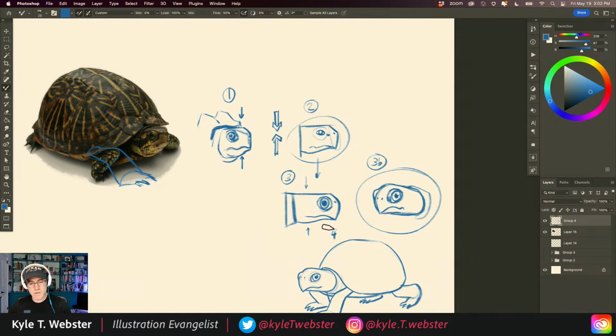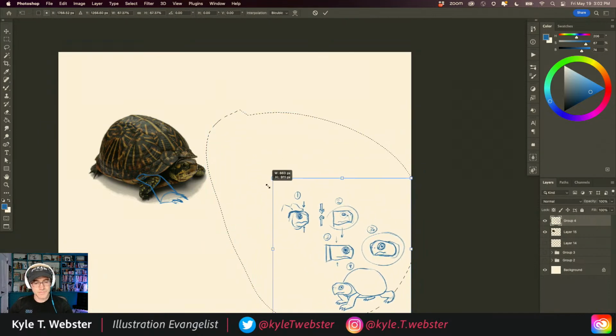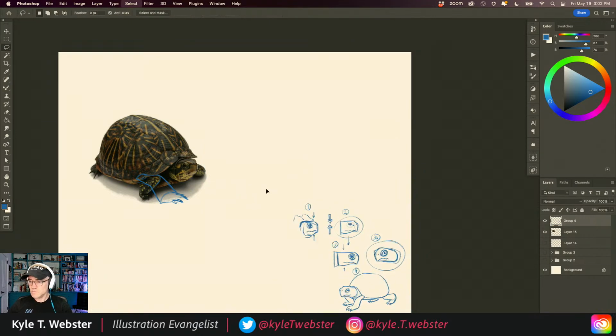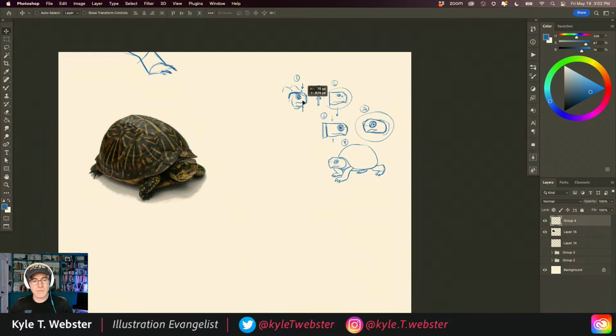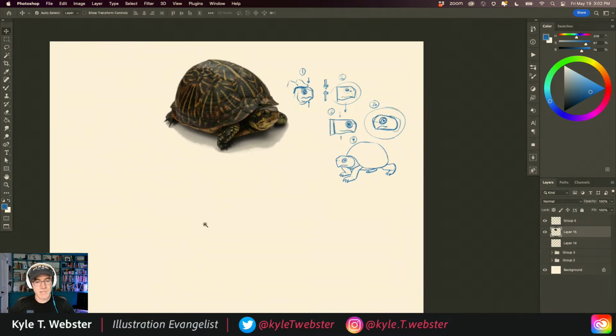We'll say that's step 4. We'll take all of this and shrink it on down, slide it up here. We can see our evidence of where we've been. Take our source material, push it over here.